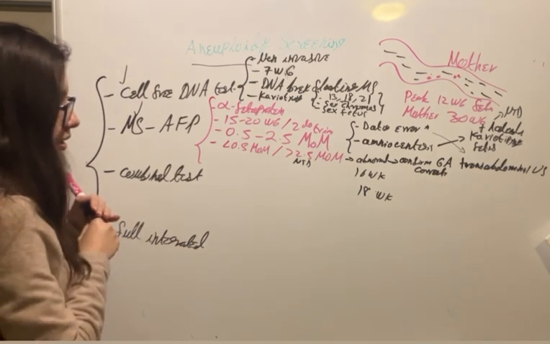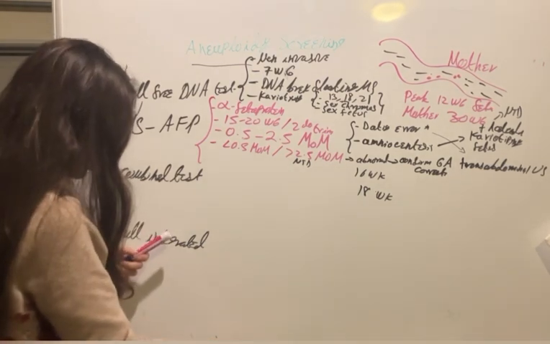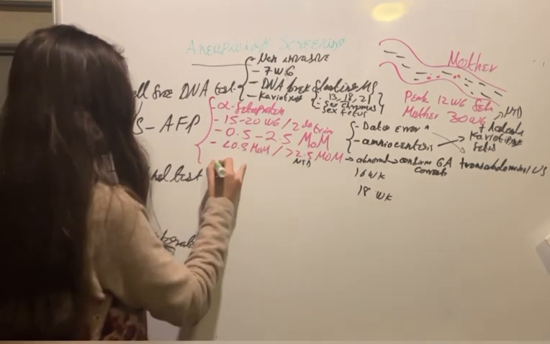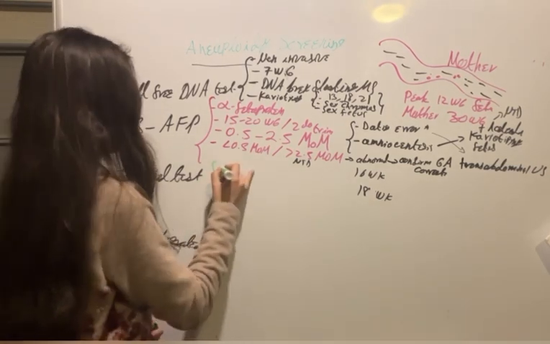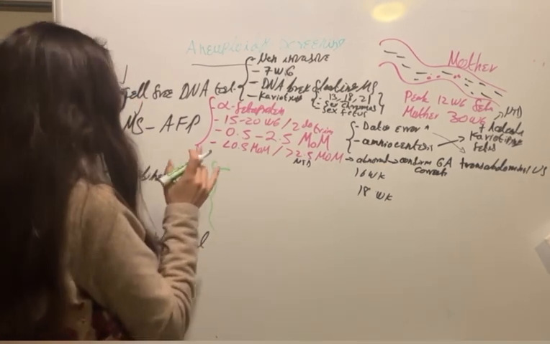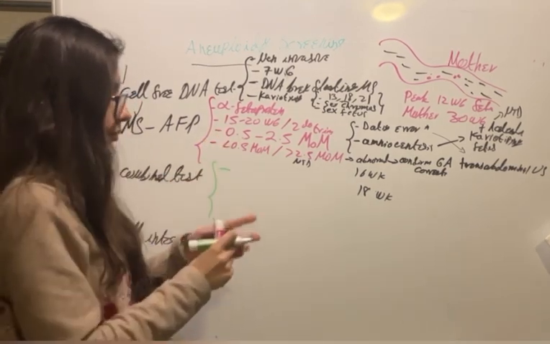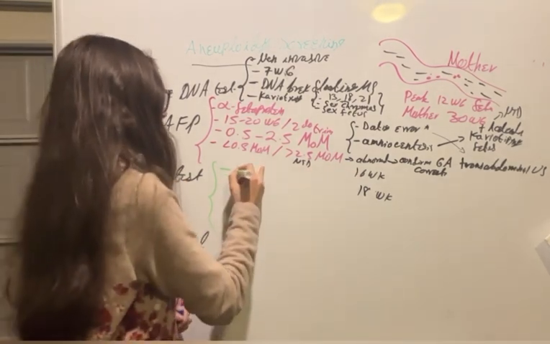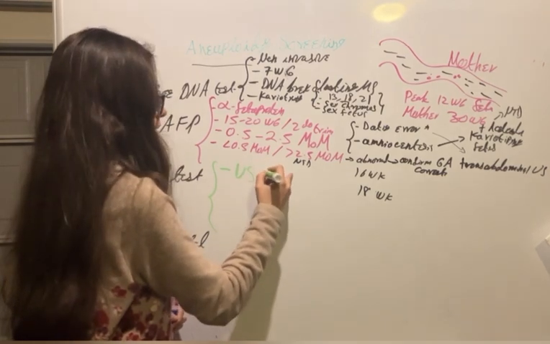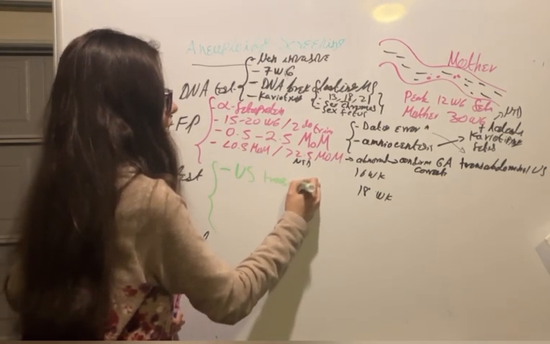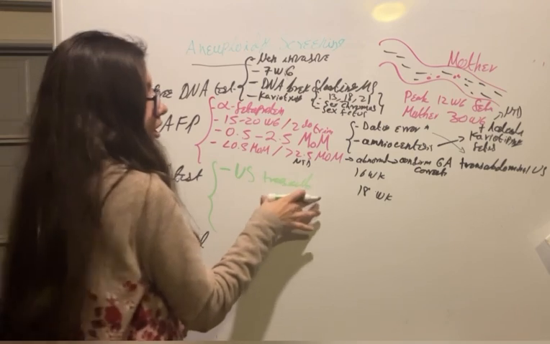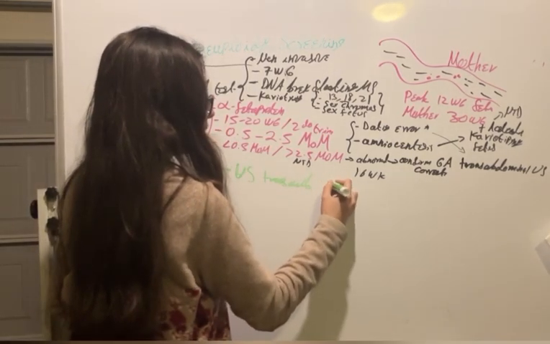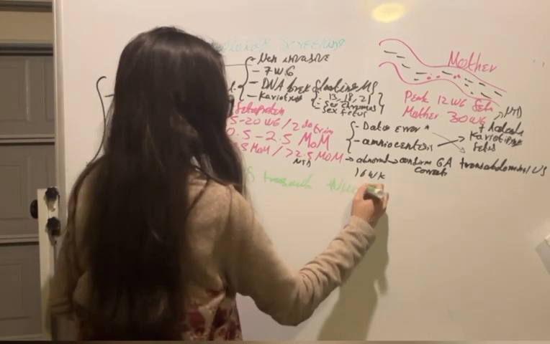Next is the combined test. This is a combination of serum and ultrasound tests. So here we have a transabdominal ultrasound, which we want to evaluate for nuchal translucency.